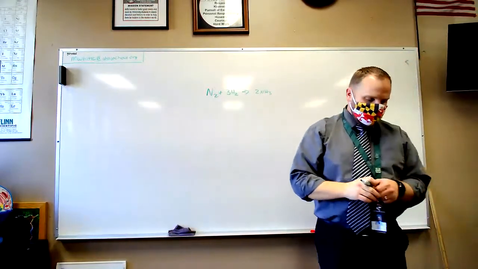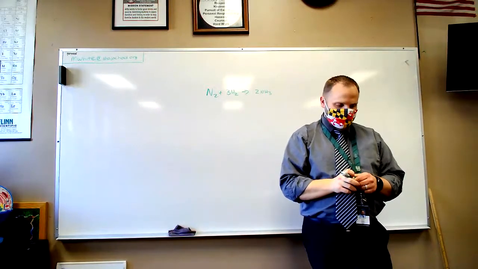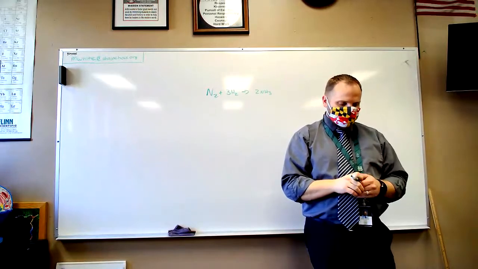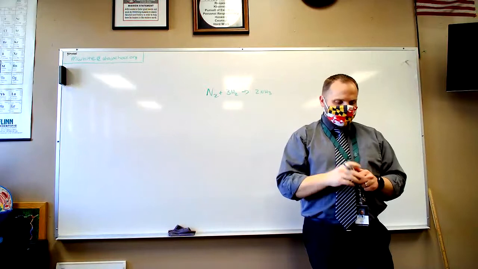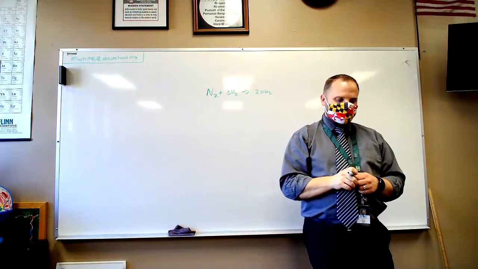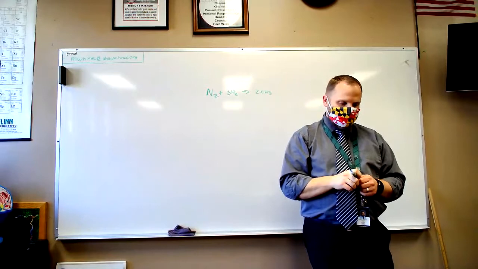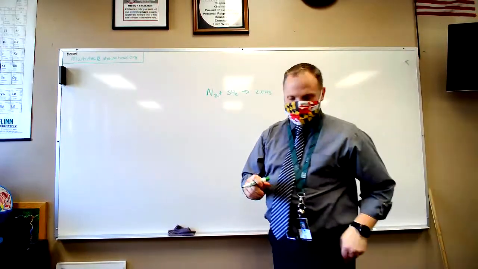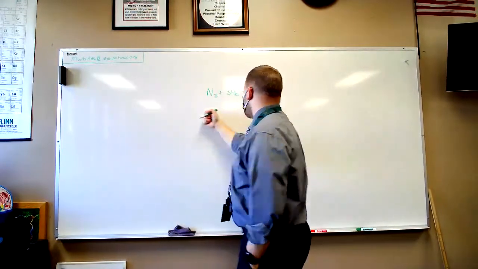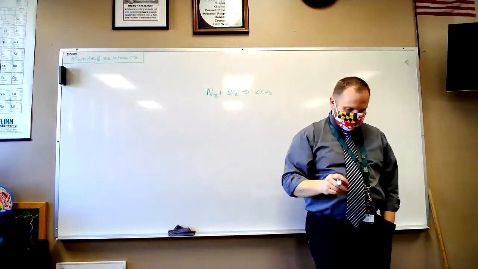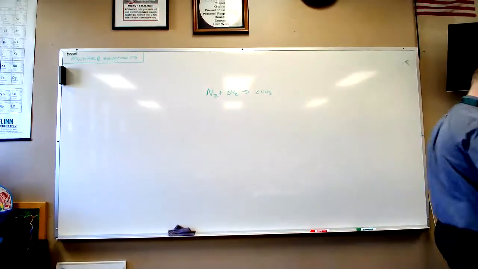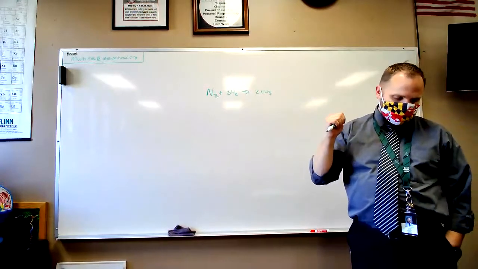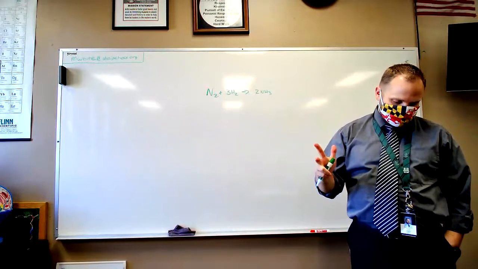If 5 liters of nitrogen reacts completely with hydrogen at a pressure of 3 atmospheres and a temperature of 298 Kelvin, how much ammonia in grams is produced? So, we have our balanced equation, and it gives us liters of nitrogen and a pressure and a temperature. Okay.